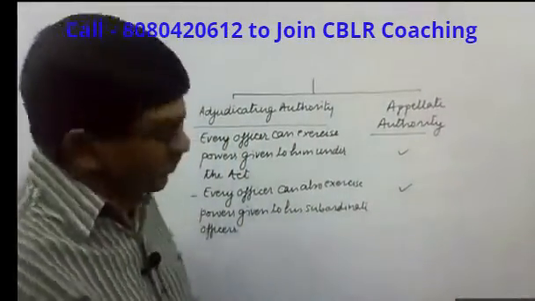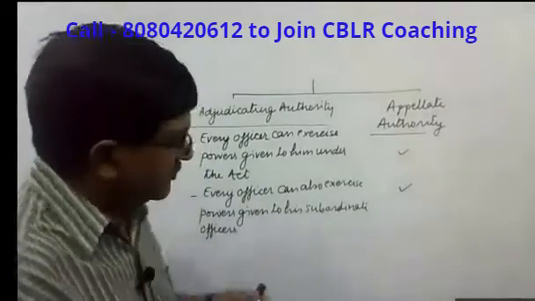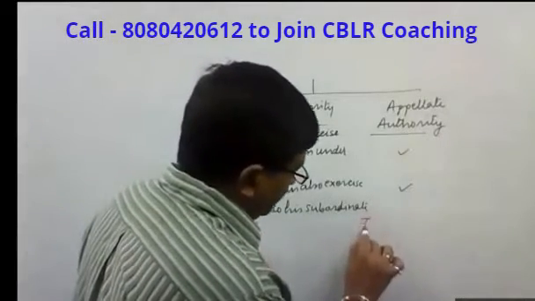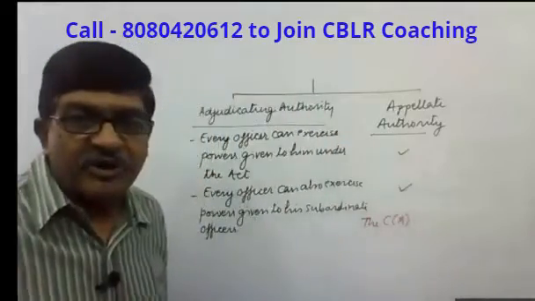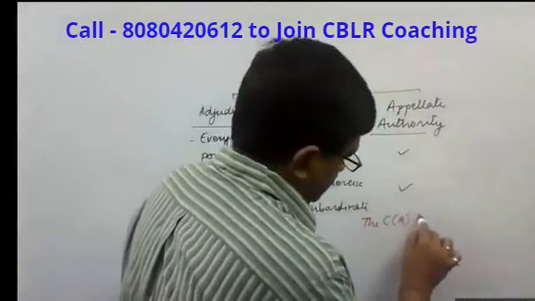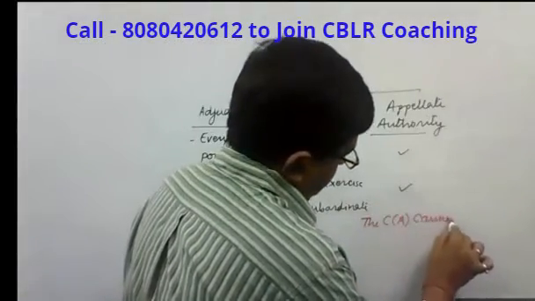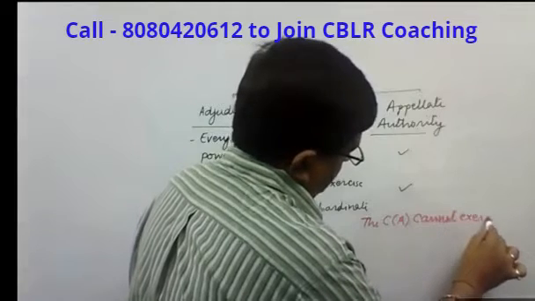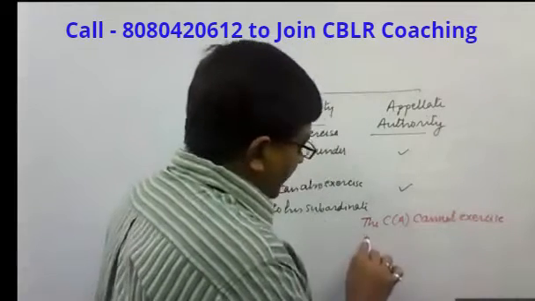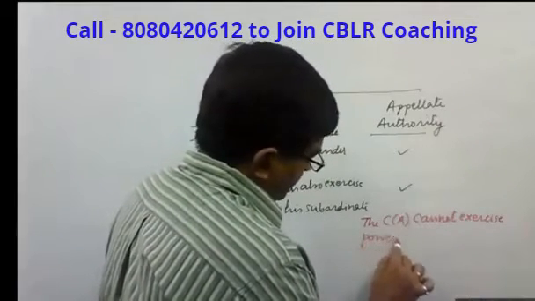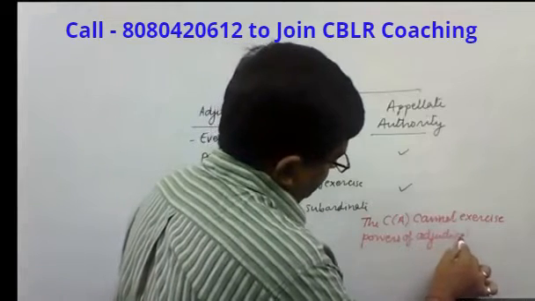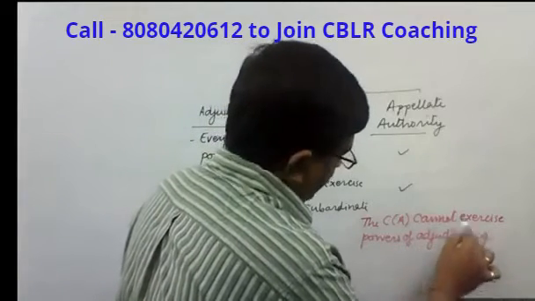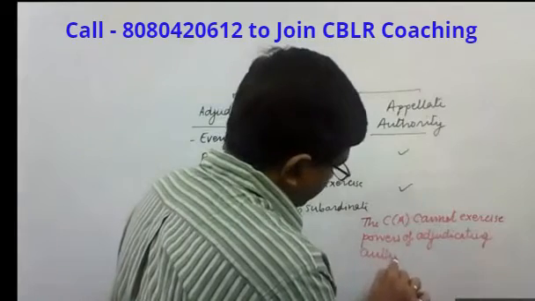So the difference is the commissioner appeals cannot exercise powers of adjudicating authority.